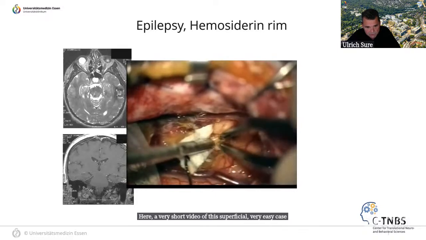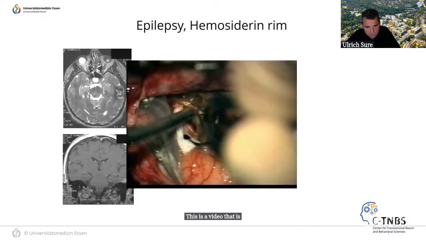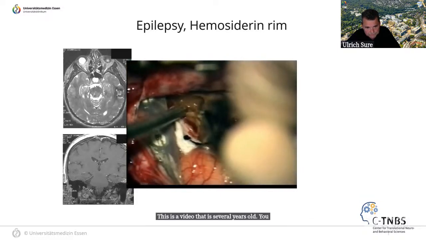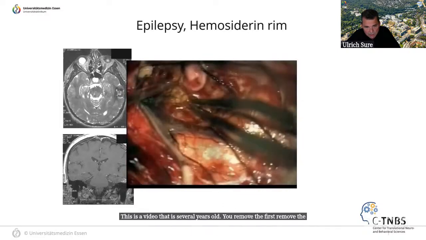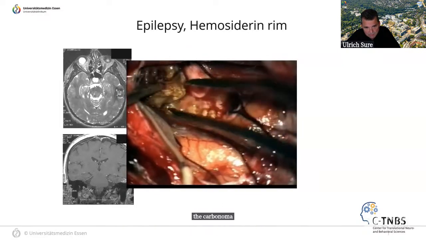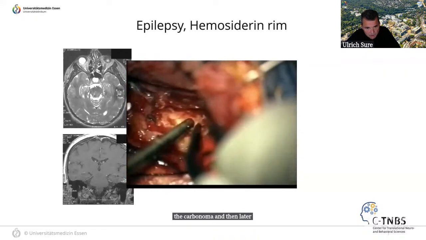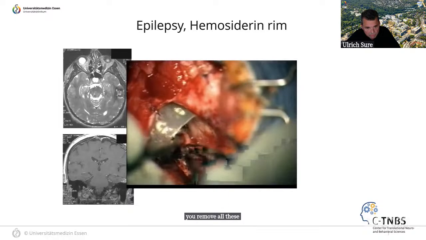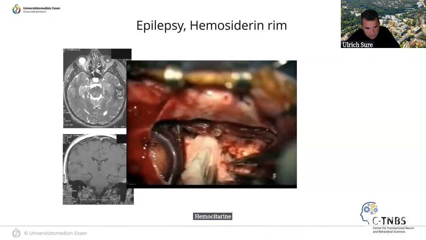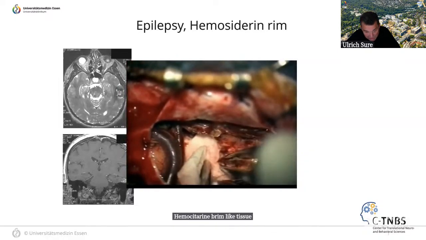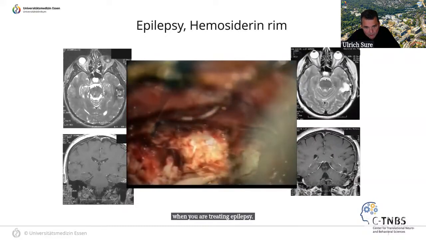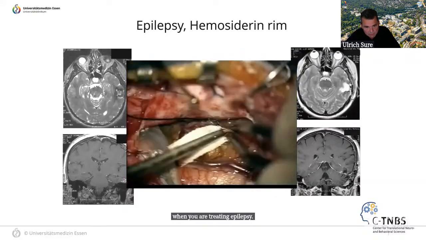This is a video that is several years old. You first remove the cavernoma, and then later you remove all this hemosiderin rim-like tissue when you are treating epilepsy. Then you would have the best outcome.